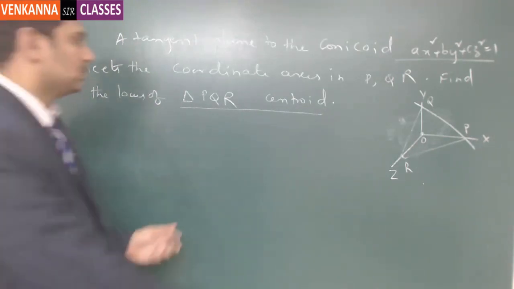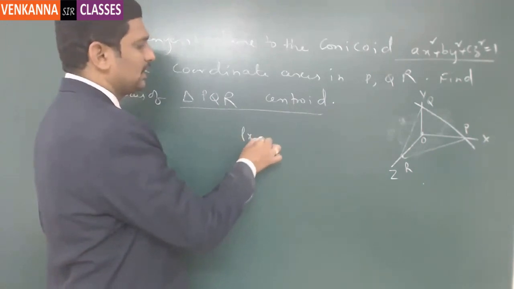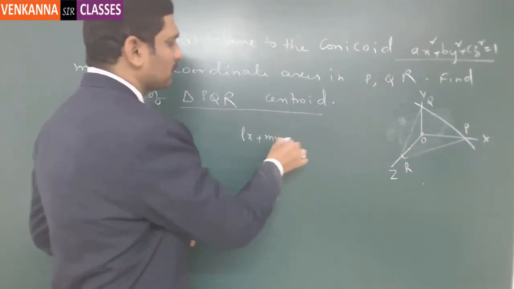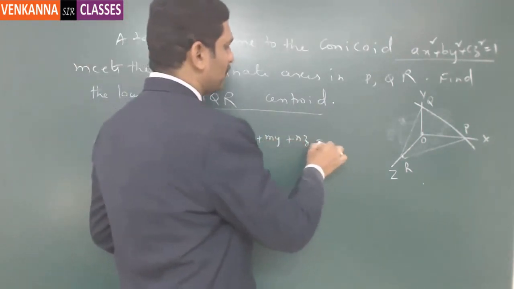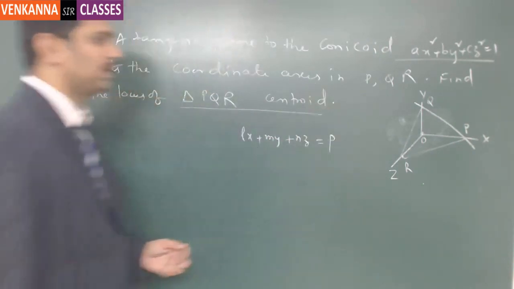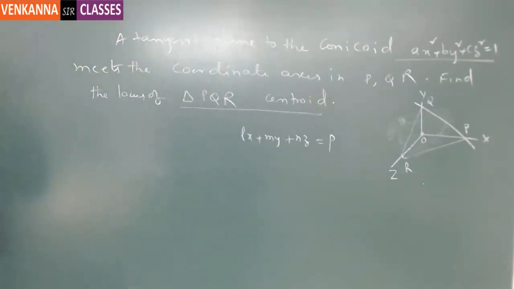So let us write the tangent plane as Lx plus My plus Nz is equal to P. So we got a unique expression for P, the distance.